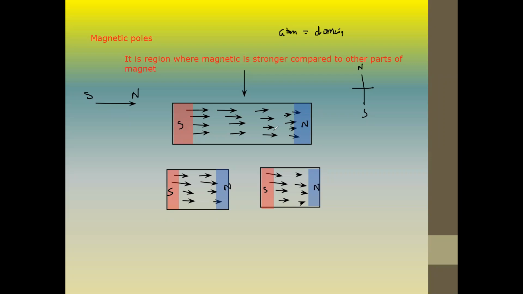When I break the material, the atoms are still there, and due to the magnetic field of the atoms, the material behaves like a magnet. So whenever you break the magnet into very small pieces, you will always find north and south. For magnets, there is no monopole. Monopole means a magnet with only one pole, south or north. If there is a north pole, definitely there will be a south pole.